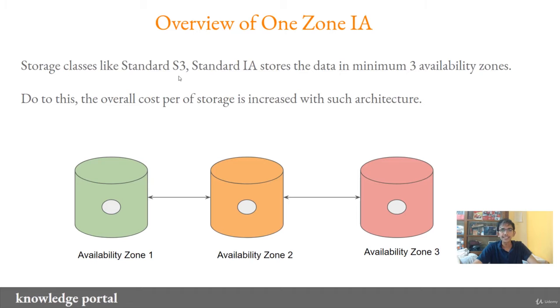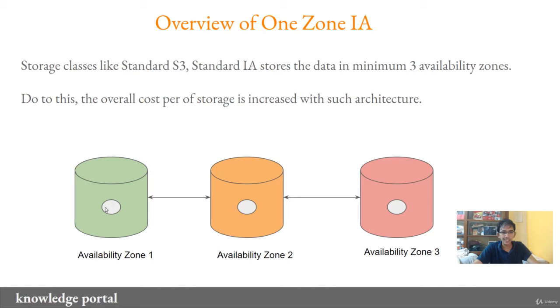Now the storage classes like S3 Standard and Standard Infrequent Access basically store the data in a minimum of 3 availability zones. Do note that in this type of architecture, the overall cost of storage is increased. If you look at this architecture diagram, there are 3 availability zones over here, and data is replicated across the 3 availability zones.